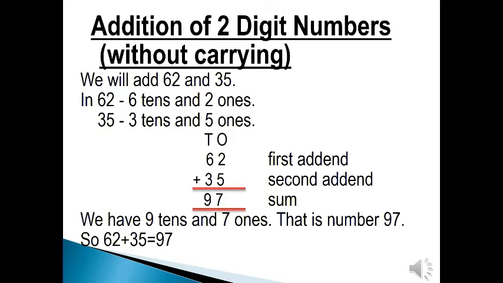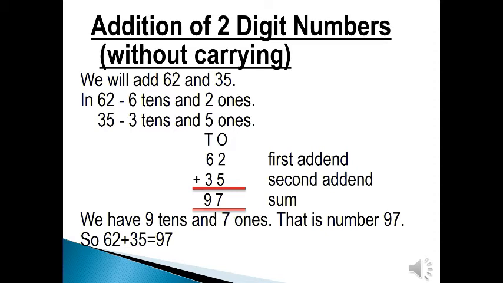Remember children, always we add the numbers from right to left. So, we will add ones column first. 2 plus 5 is equal to 7 and 6 plus 3 is equal to 9.